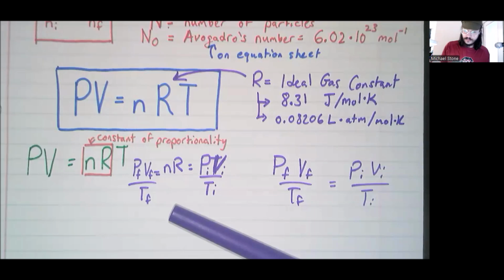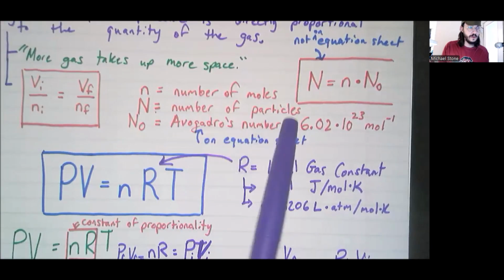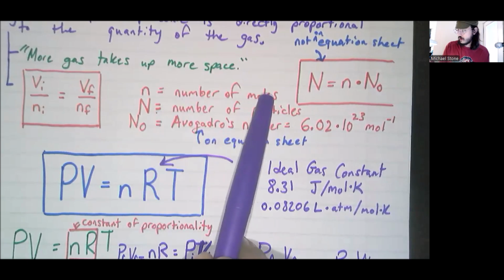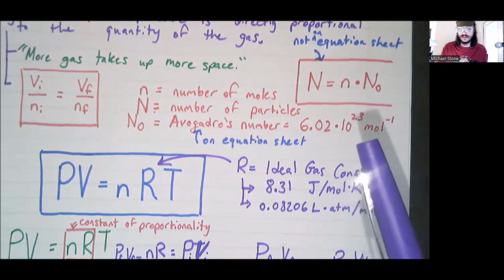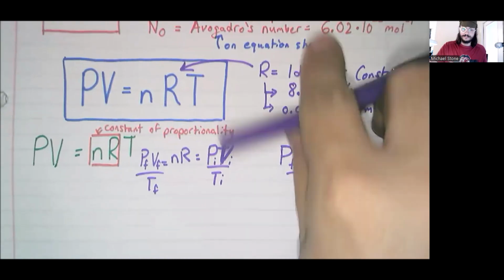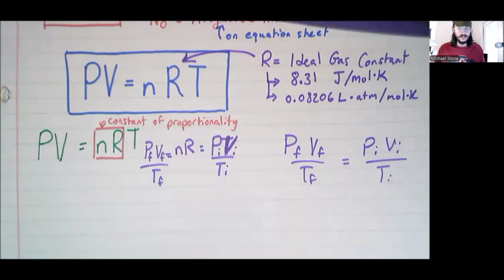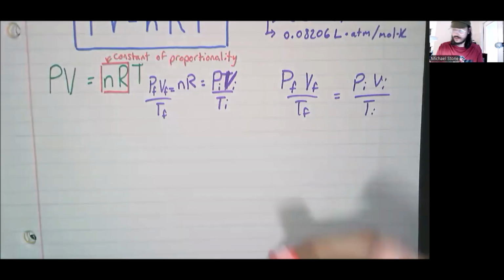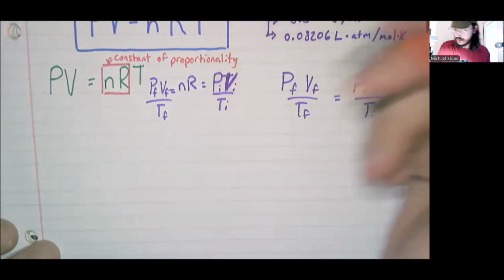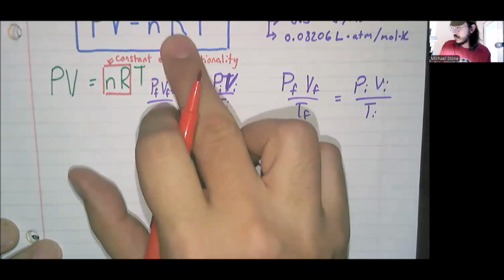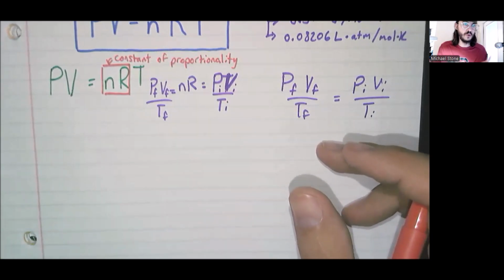In some cases, you might be asked about number of particles instead of number of moles. That might be more convenient in a couple of cases. So if you are trying to avoid moles because you are having flashbacks to your chem class, and that was traumatic for you, and I know it was for some of you, well, here's how you can get rid of the n and get around moles entirely.